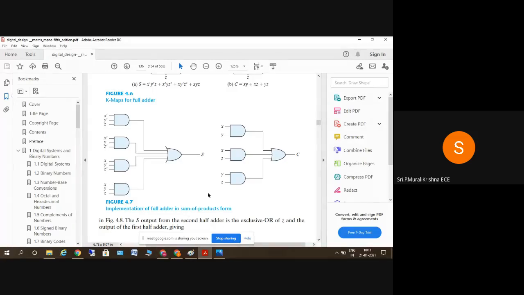So clear with this full adder? Yeah, sir. Let me know about the lateral entry people. Please let me know. Any doubts in this?